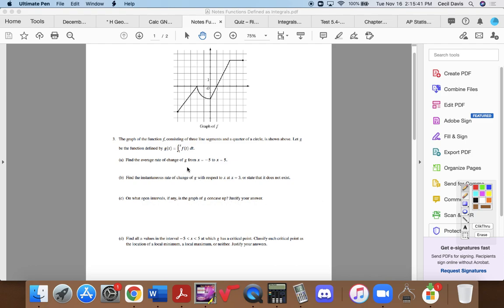So find the average rate of change of g from x equals -5 to x equals 5. Well, that means we need to know what is g of 5 minus g of -5 over 5 minus -5. And that's your average rate of change.